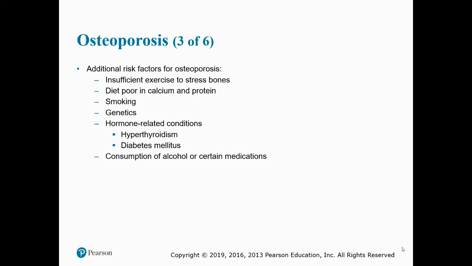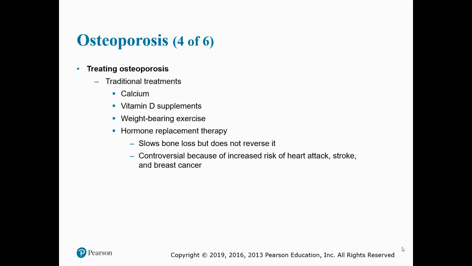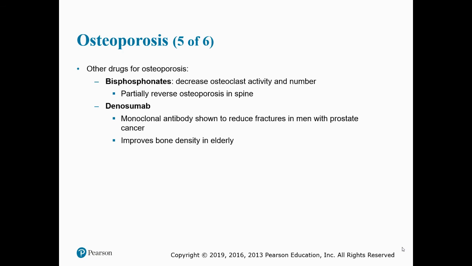Now, there are some drugs out there that can help you to slow the osteoporotic process. One is just taking more calcium or vitamin D supplements and doing exercise, but there are also other things that can help as well, like hormone replacement. But with that always comes a risk associated with those hormones.